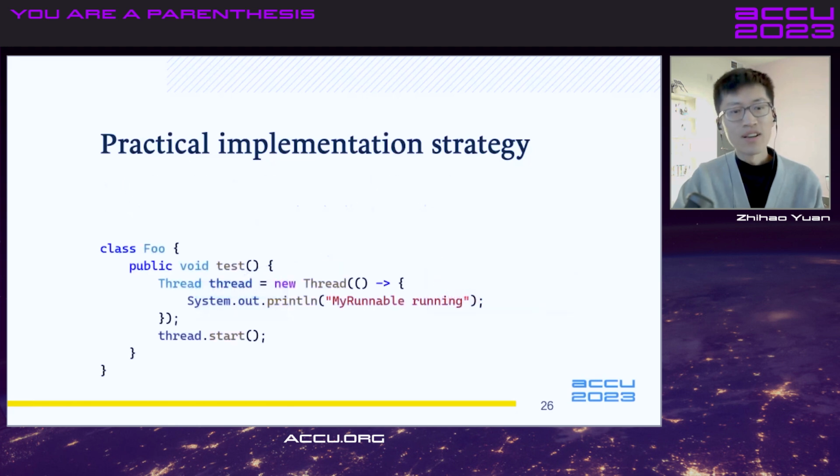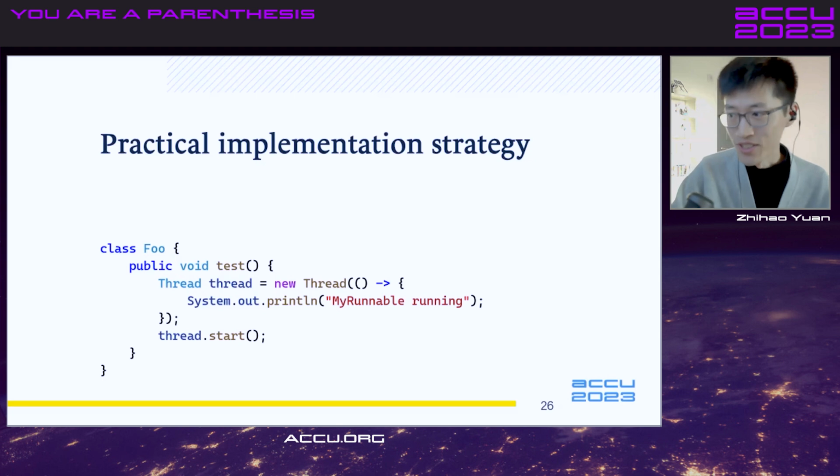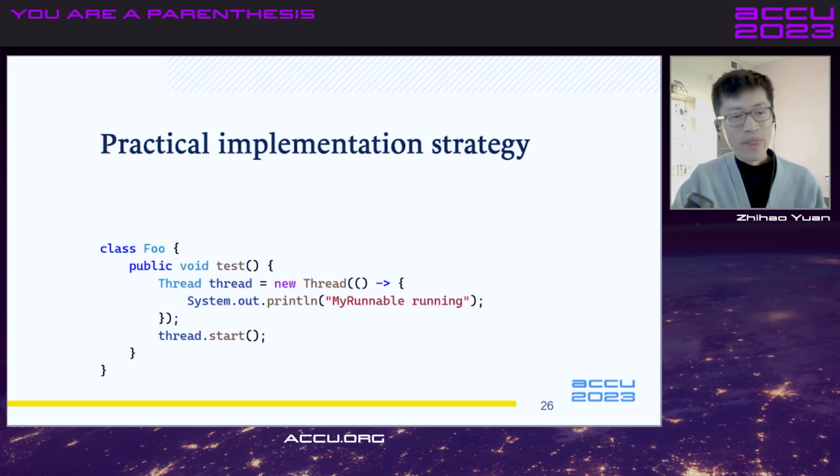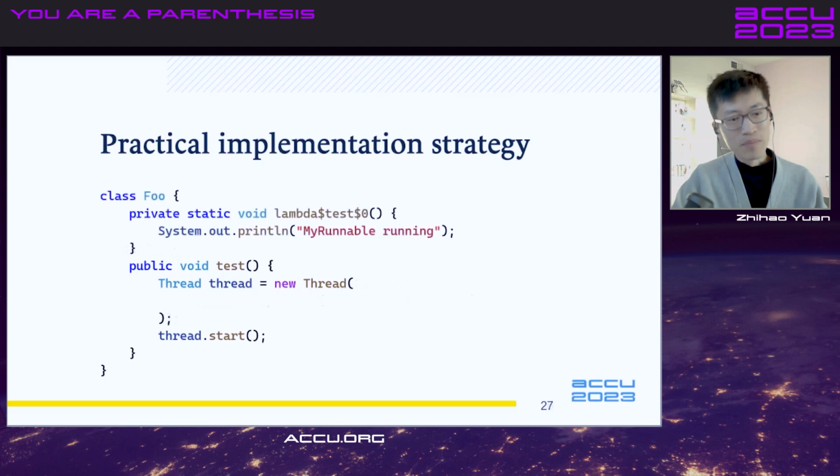So how do we illustrate that implementation strategy? In this case, you have a class containing our previous example's code. Java has no free function. You always need a class. Where the lambda is used, we emit a static method to contain the lambda's code.